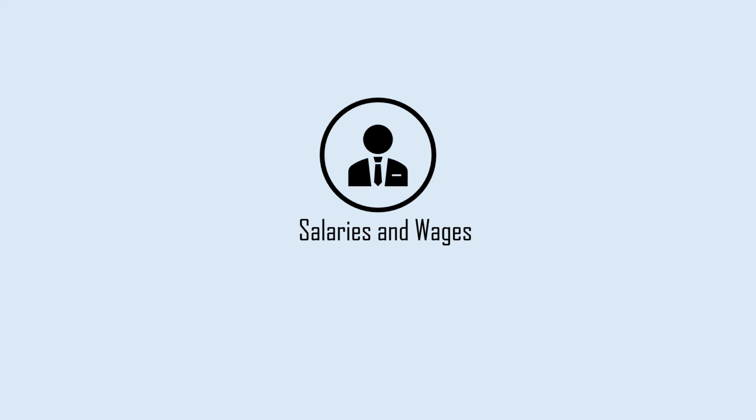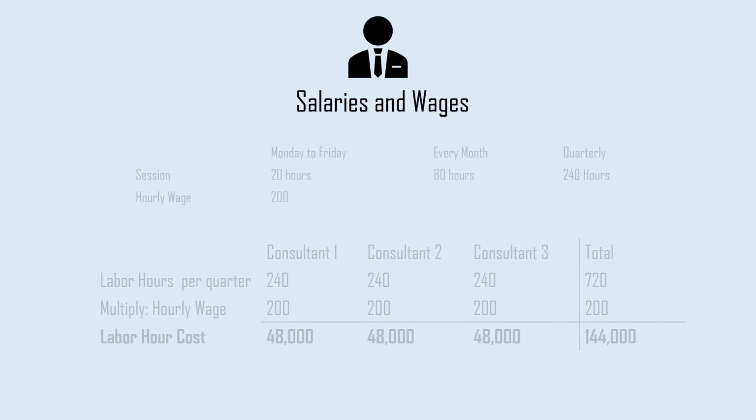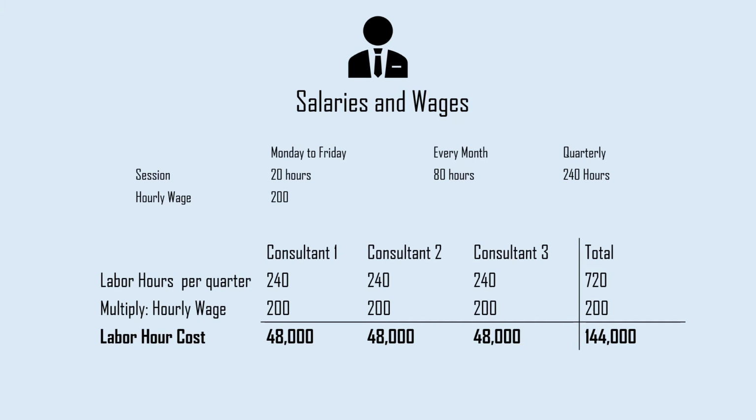For salaries and wages, it will constitute the amount of a fixed salary for 3 consultants with a fixed amount of working hours of 4 hours per day, which is why per week we will have a fixed 20 hours, per month a fixed 80 hours, and per quarter, which we will use for the computation, 240 hours, with a fixed hourly wage of 200.